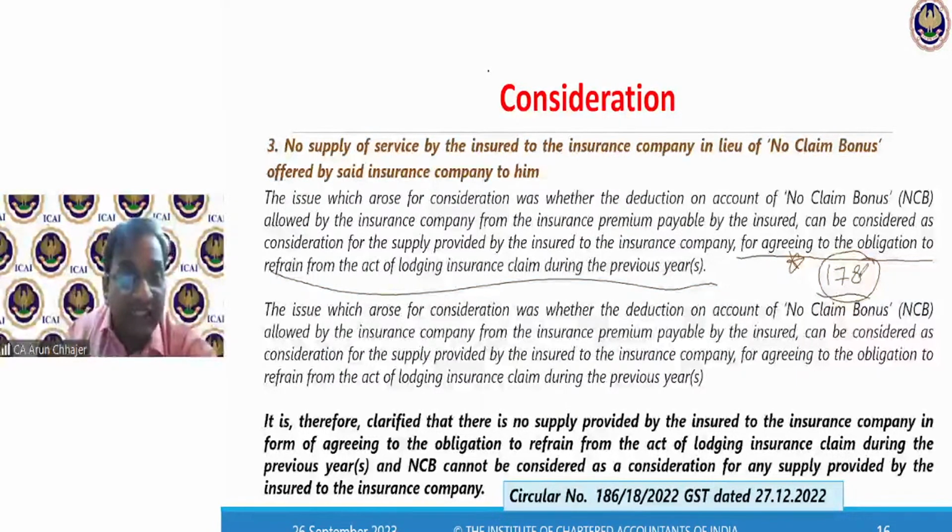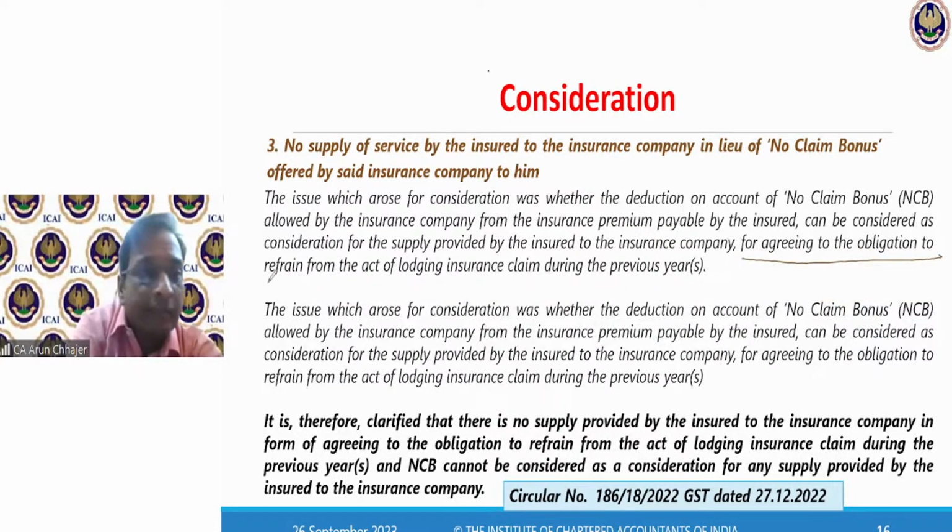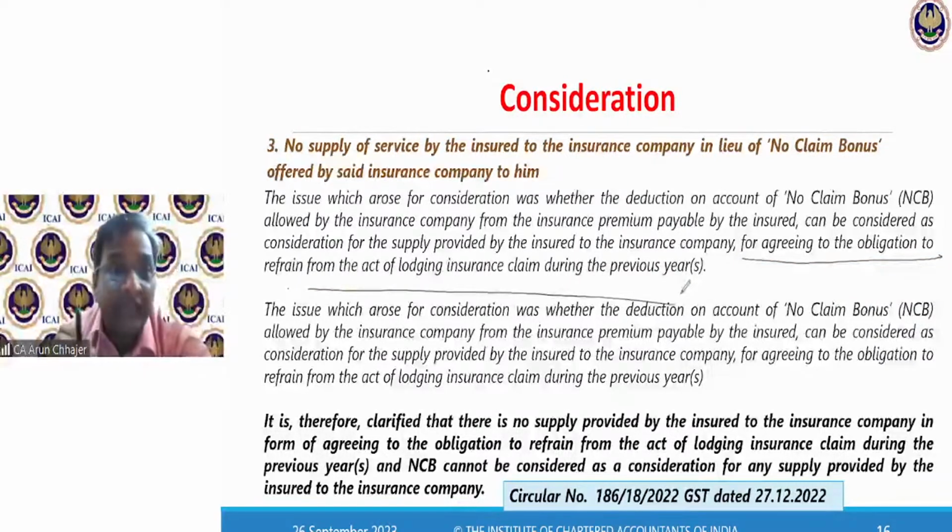Circular 178, multiple ambits of Circular 128, and you will understand this term, that mere flow of money will not be a supply. Money flowing is not necessarily a supply.